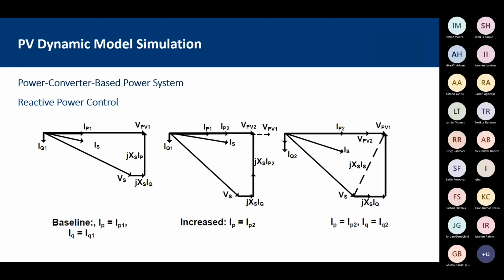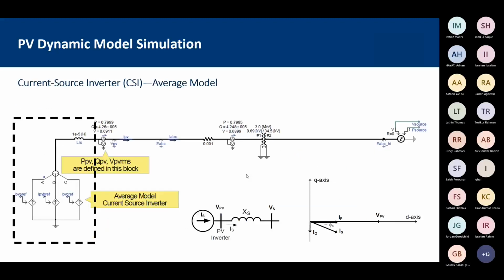If the size of the reactive current component stays the same, then the resulting voltage drop, which is j-axis IQ2, also stays the same size. That's just to show you how it operates with respect to these reactive and real currents.